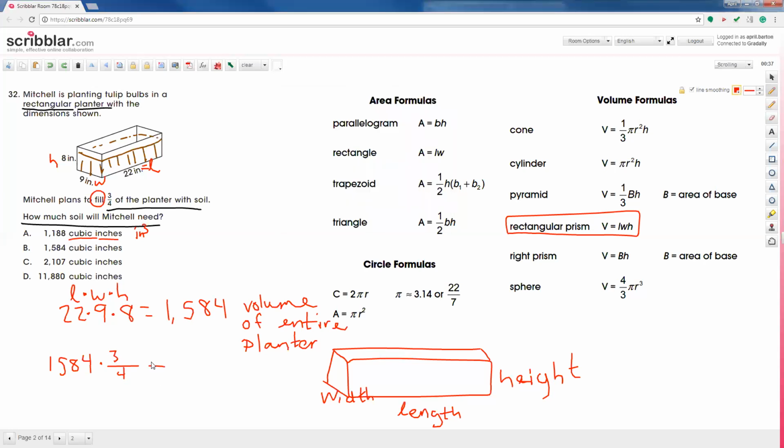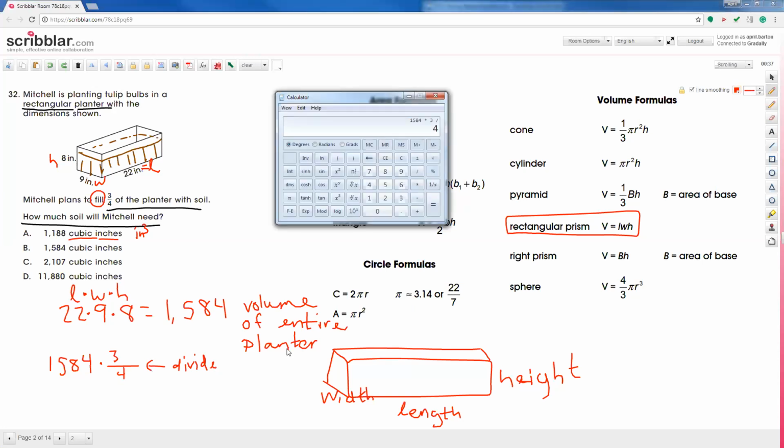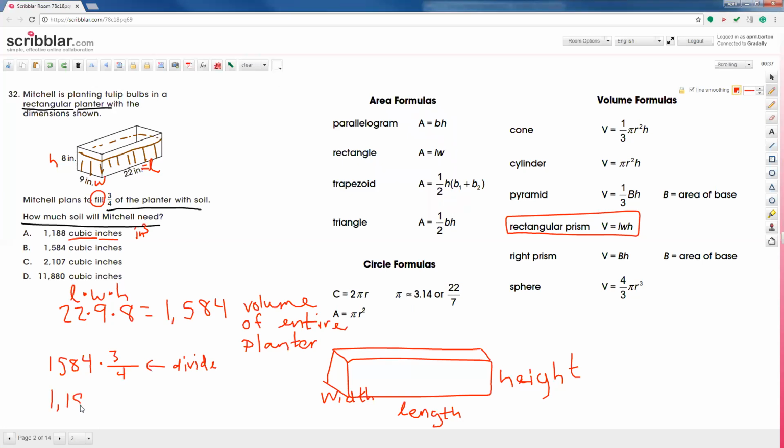A fraction bar is a form of division. This is really 3 divided by 4. So when you type it into the calculator, 1584 times 3 divided by 4, and then you hit equals, it gives you 1188 cubic inches.